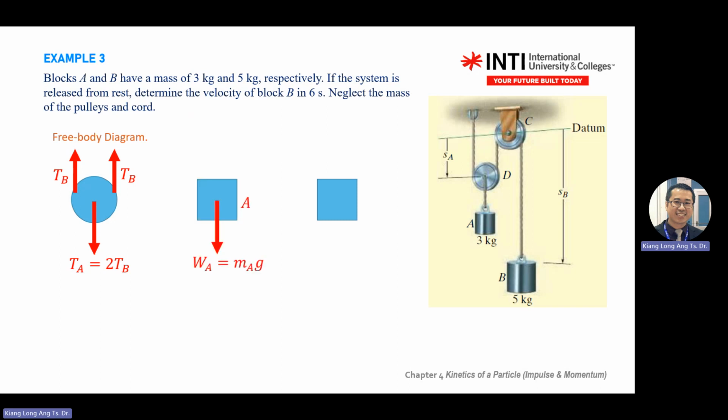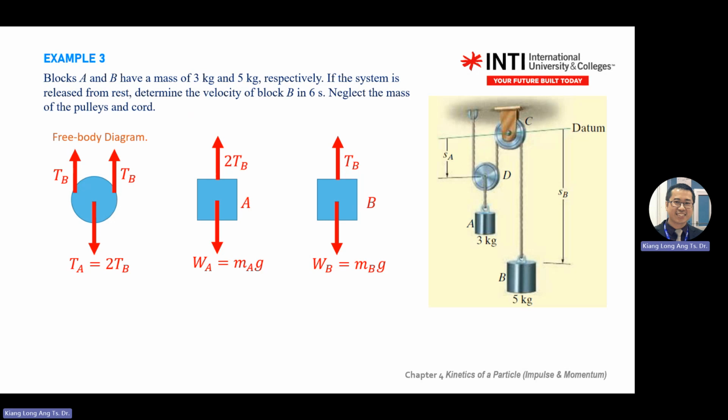Then you draw object A, W goes down, and there's one tension cable going up, which is TA. So TA equals 2 TB. The purpose of drawing this one is to find the tension of B. Okay, if you draw object B, W goes down, TB goes up.